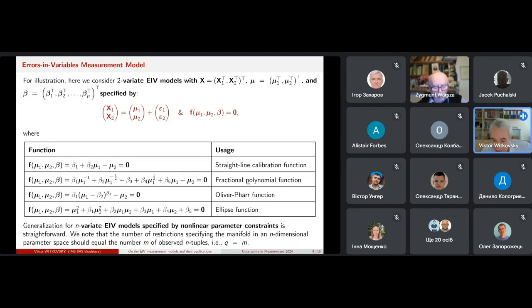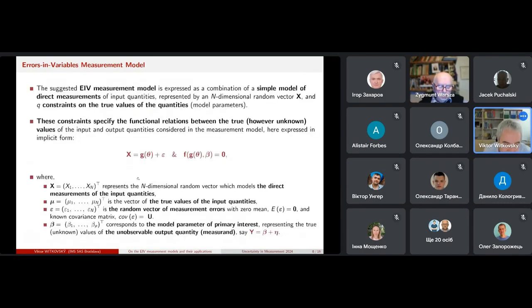Similarly, we can consider other, much more complicated functions like a fractional polynomial function, where we consider not a simple polynomial but a fractional polynomial. Fractional means there are some fractions of the input quantities, and beta 1, beta 2, beta 3, beta 4, and beta 5 in this particular example represent the parameters of this fractional polynomial.